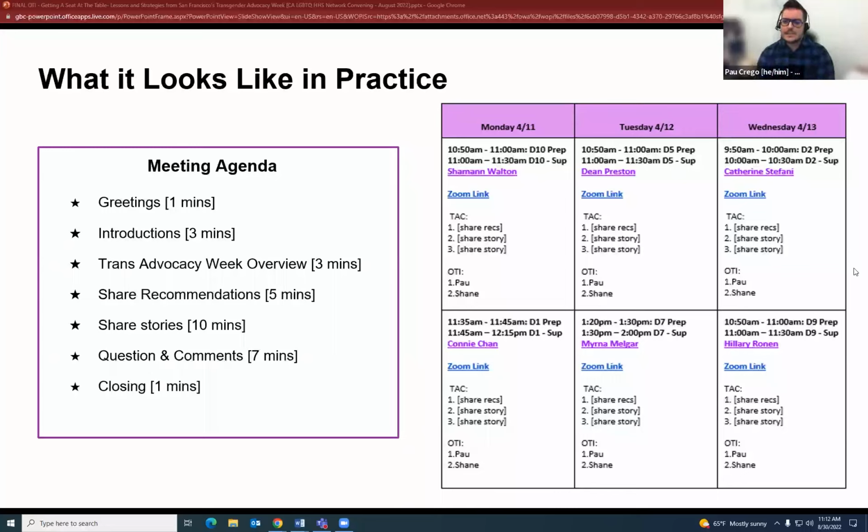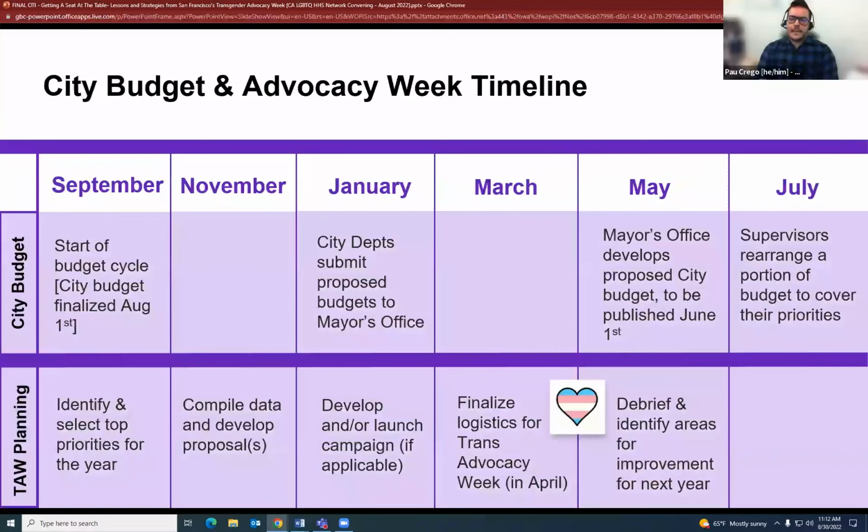Next slide, please. So we wanted to give you a little bit of an overview of what it looks like for us to prepare for our Trans Advocacy Week throughout the year. Like I said, we spend most of our year preparing for this one week in April in order to meet with elected officials and advocate.